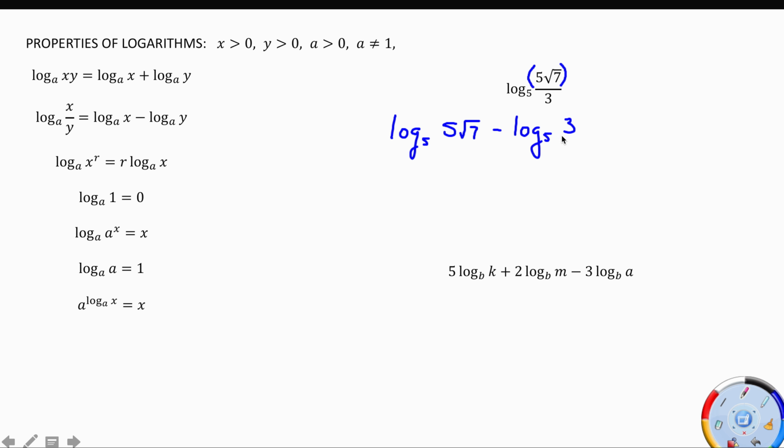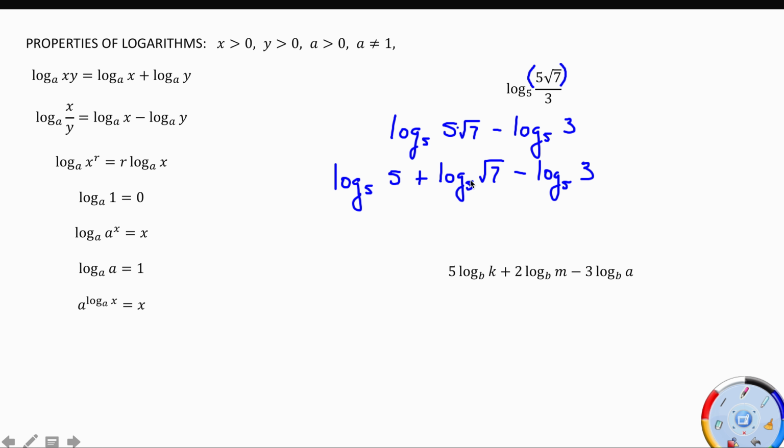Now, this one I have one value as my argument, but over here I still have a couple of things, but they're being multiplied. So I can separate those two factors with a plus between them. Log with base 5 of 5 plus log with base 5 of square root of 7 minus log with base 5 of 3.